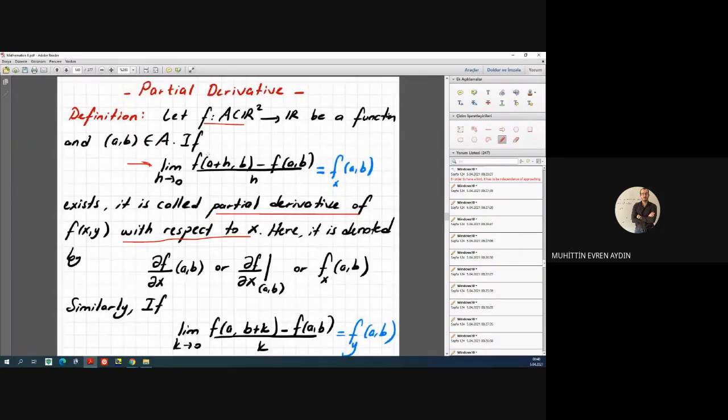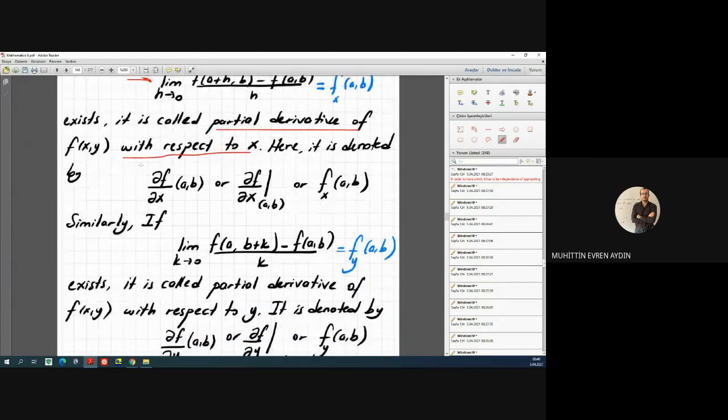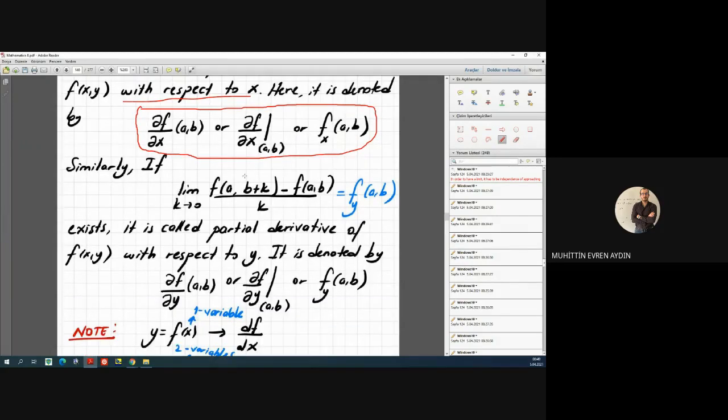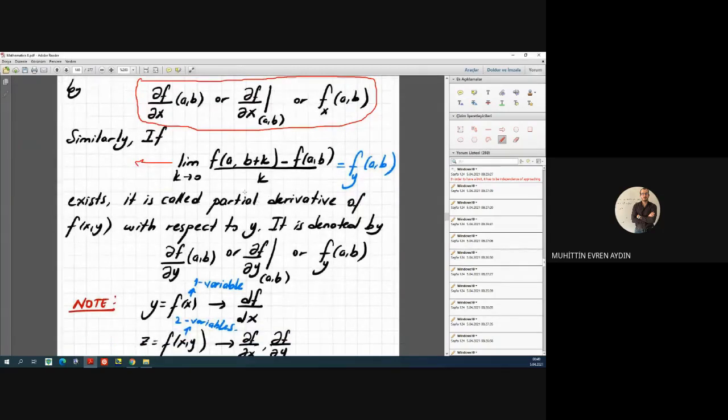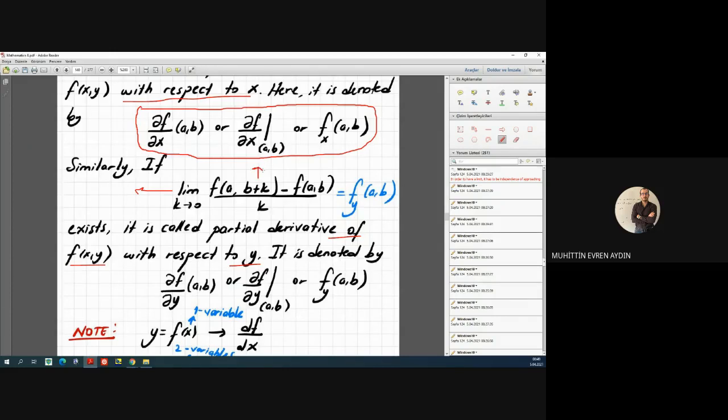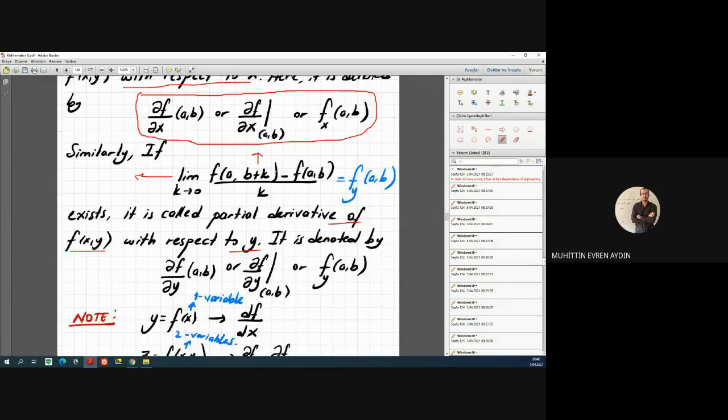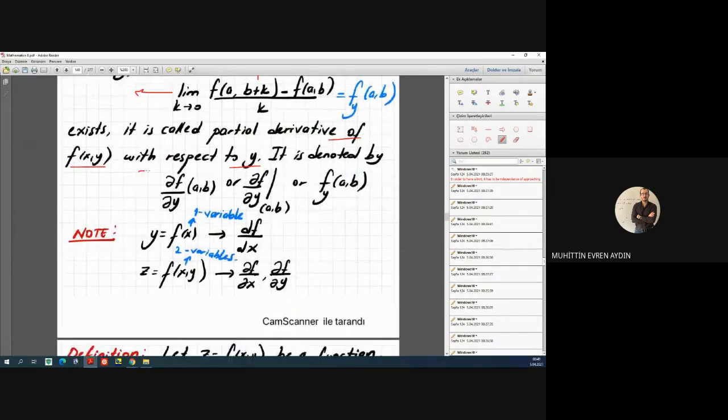As you can see, the change is in the x direction. And we have these notations, which are very important. Keep these notations. Similarly, if this limit exists, then we call it the partial derivative of f with respect to the variable y. And you see the change is on the y-axis. Our notations in this case are these.